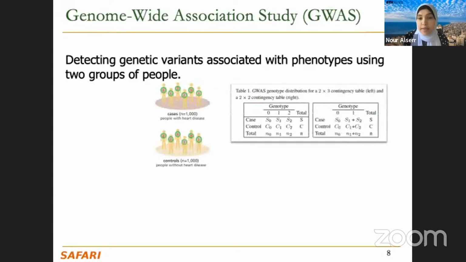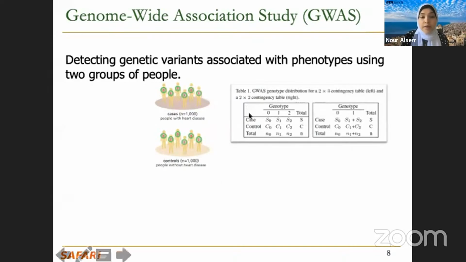The goal of these studies is to find positions in the human genome that are statistically correlated with the phenotype. When we say phenotype, let's say height, color of eyes, or maybe a disease like Alzheimer's, or any disorder like cancer and so on.